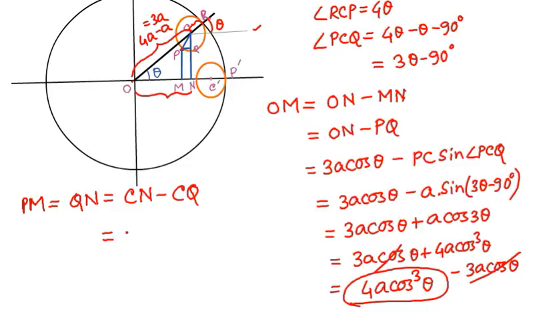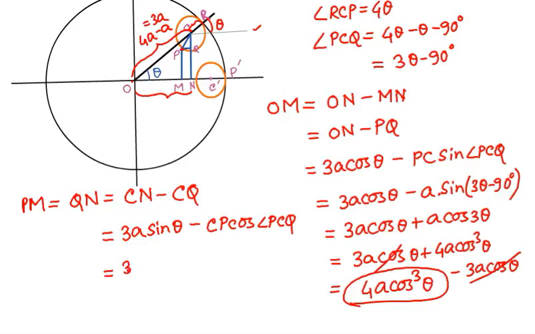And the distance CN can be written as 3a sine theta, because this is 3a and this is theta, so this CN should be the vertical component, 3a sine theta. So 3a sine theta minus the distance CQ, which can be written as CP cosine of angle PCQ. This is CP, which is the hypotenuse, so CP cosine of angle PCQ will be CQ.